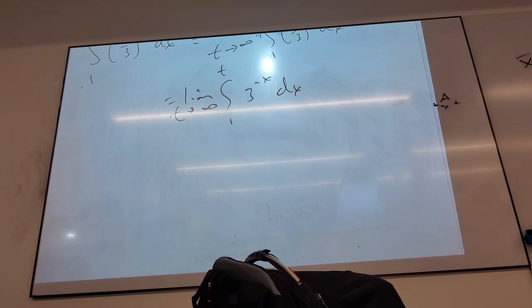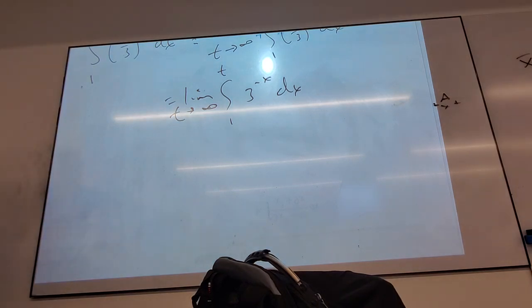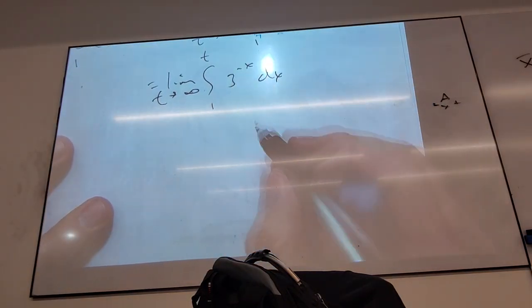Sounds like a chiropractor. So how do I integrate? So if derivatives multiply by natural log of the base, and you have to worry about the negative x too, right? How do I integrate this thing?